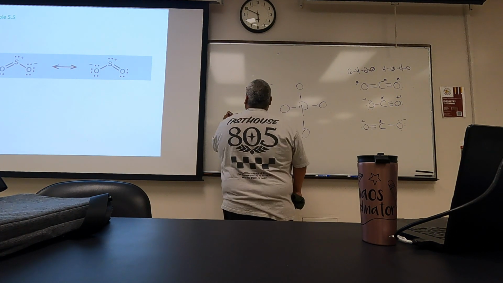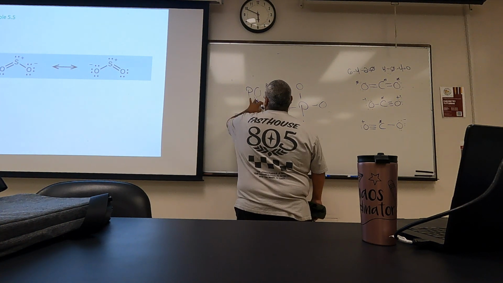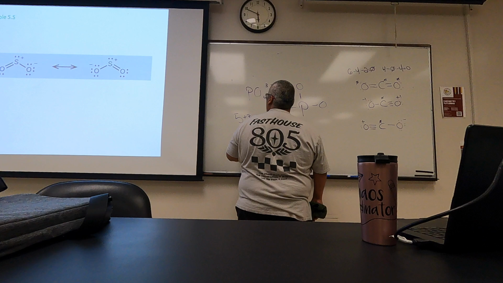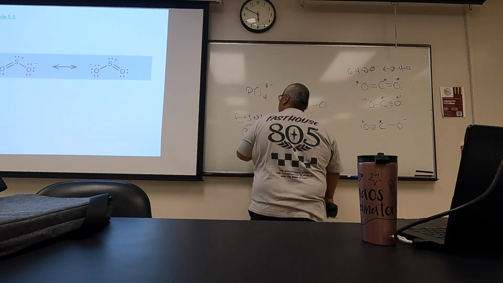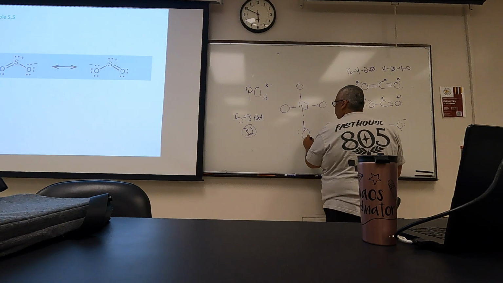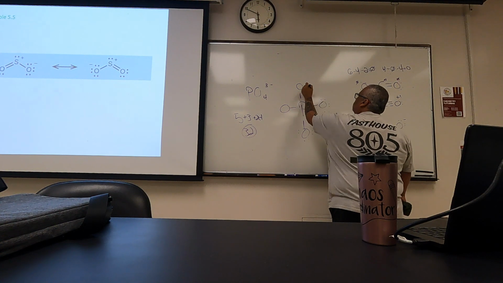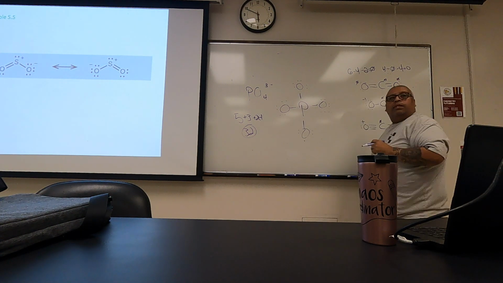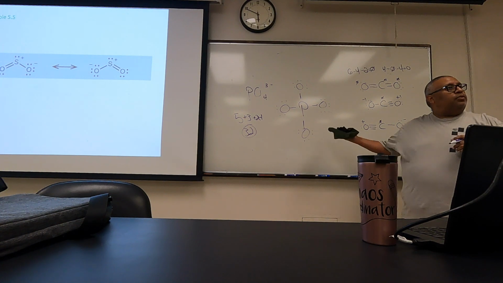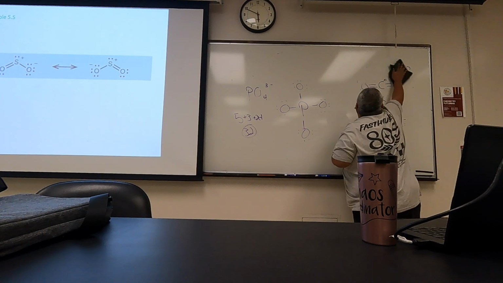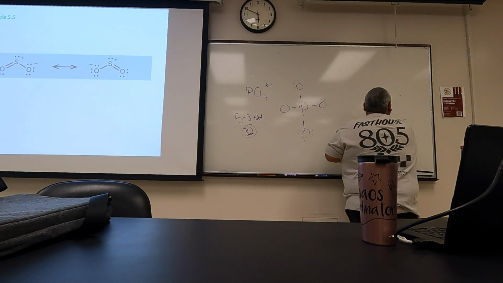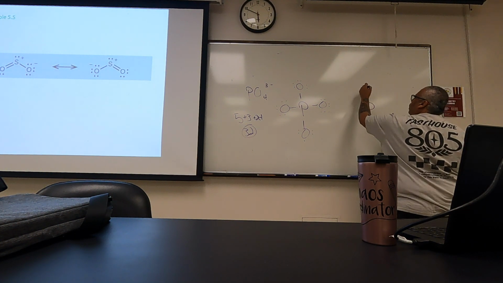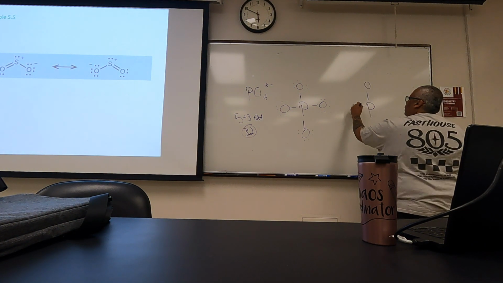This is going to be 5 plus 3 plus 24 gives us 32 electrons. This is one of the structures of phosphate. But it's not the only structure that we can build. We can also build, well, I'm going to redraw this structure here.